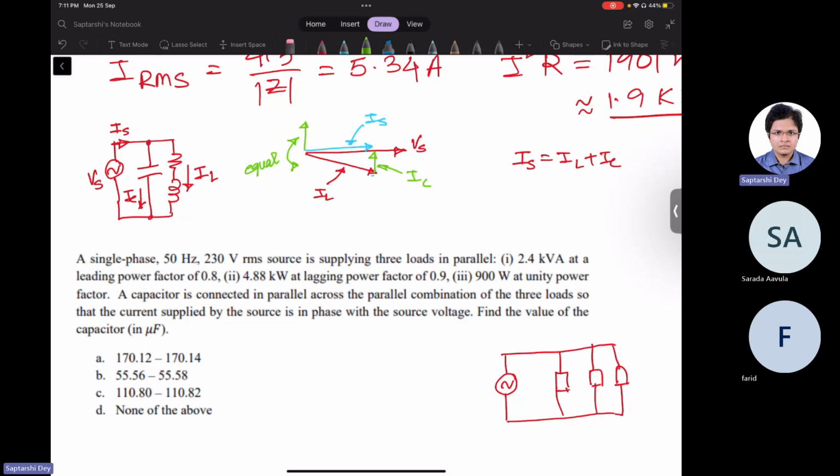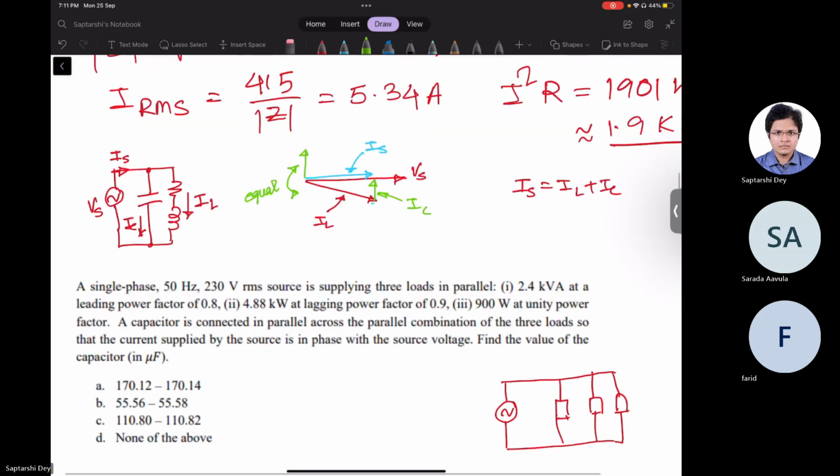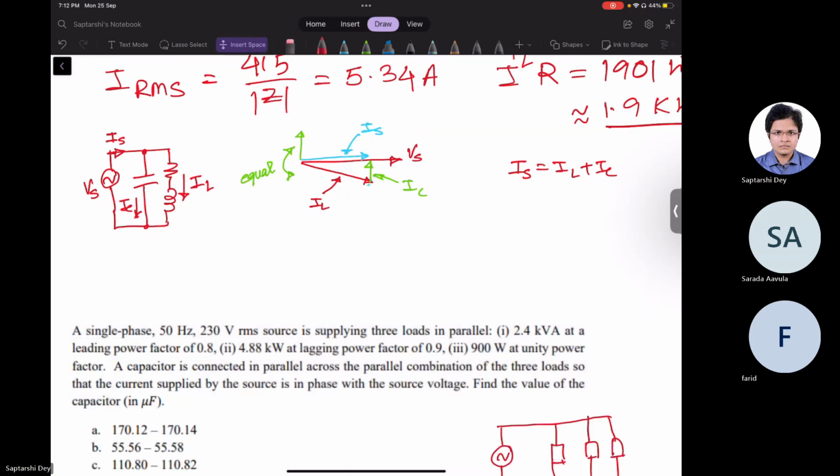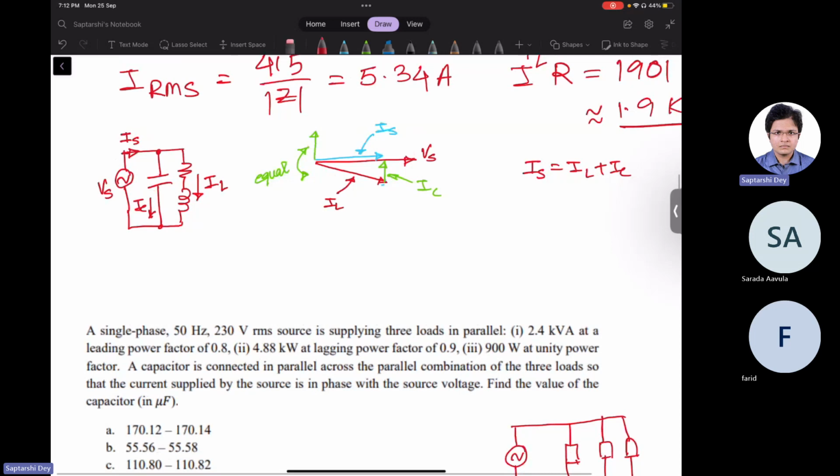Now this is where I will tell you why we would need a unity power factor. The reason being, you look at this IS, IL, IC triangle. I will draw them separately here once again. Look at this triangle. It's a right angle triangle, and IL is the hypotenuse, IS is this, IC is this.